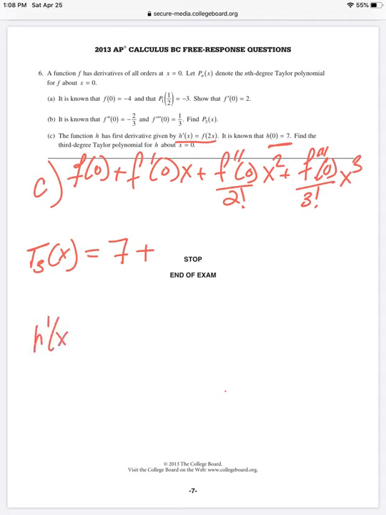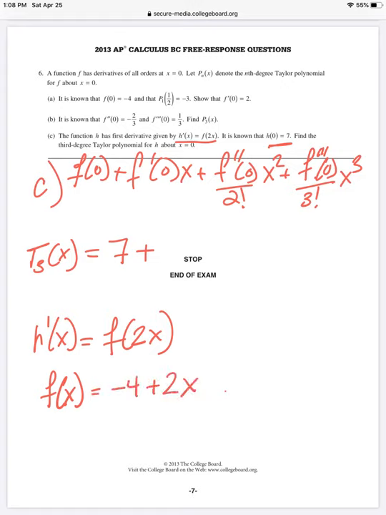Well, the first derivative of h of x is f of 2x. What does that mean? F of x was negative 4 plus 2x.